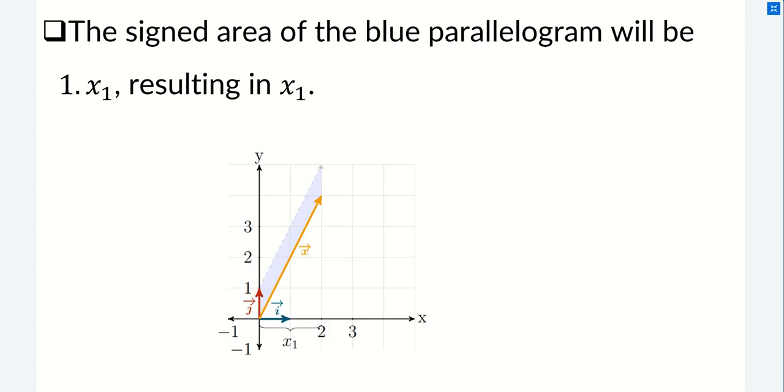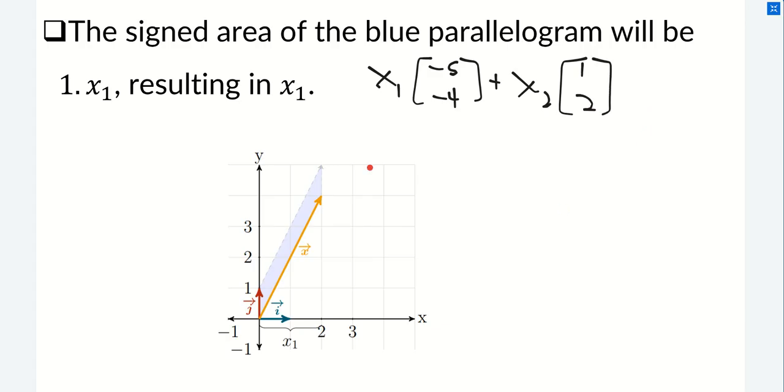Here, we are using the j. Now, let me put this one again here so that we see what is happening. Negative 5, negative 4, plus x2. It was 1, 2, right? I think I'm correct. 1, 2. Correct. Now, here too, we can do the same thing. Here, our height is going to be this, and our base is going to be this.